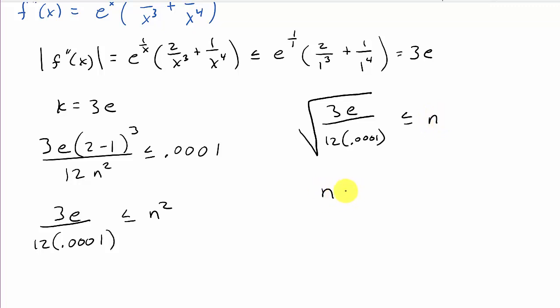And so n is greater than or equal to, and that gives me 82.4. Alright, so we will take n to be 83. And this is our answer.